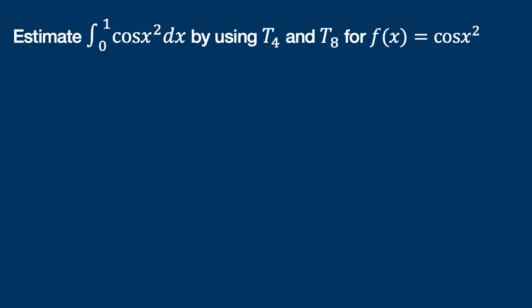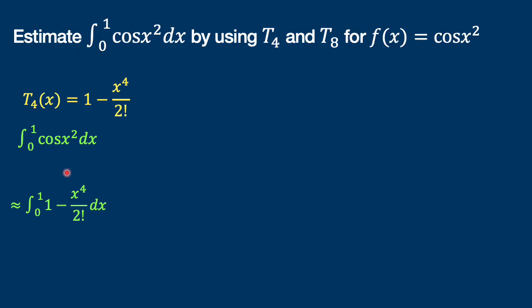First, T4, the degree 4 Maclaurin polynomial for cosine x squared, is 1 minus x to the 4th over 2 factorial. So the integral from 0 to 1 of cosine x squared dx is approximately the integral of 1 minus x to the 4th over 2 factorial. Now we can find this integral.